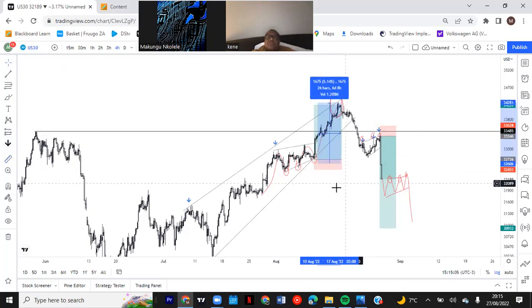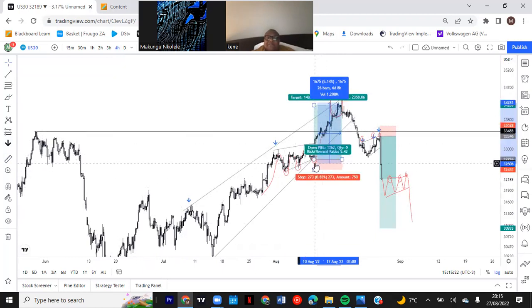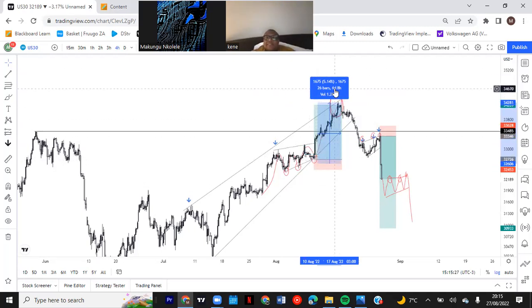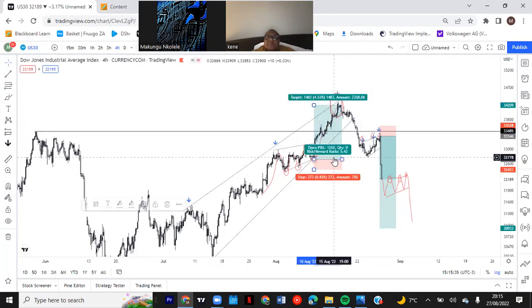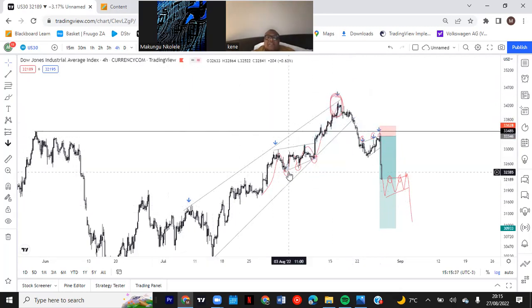It's true, because remember this is the 4 hour time frame. So it's a very huge trade, meaning that from this point you would have held for about 26 bars, which meant 6 days and 8 hours. Wow. Huge trade, yes, it's a swing trade.